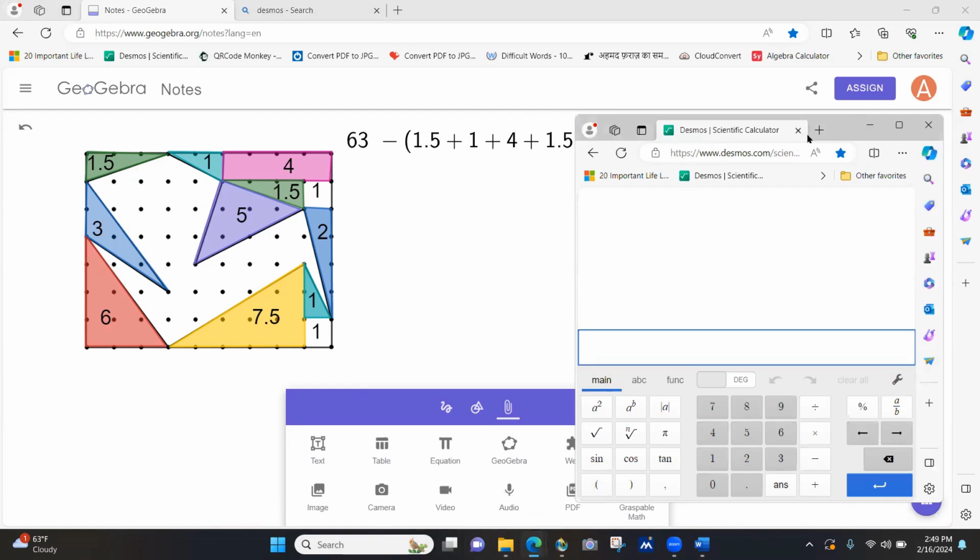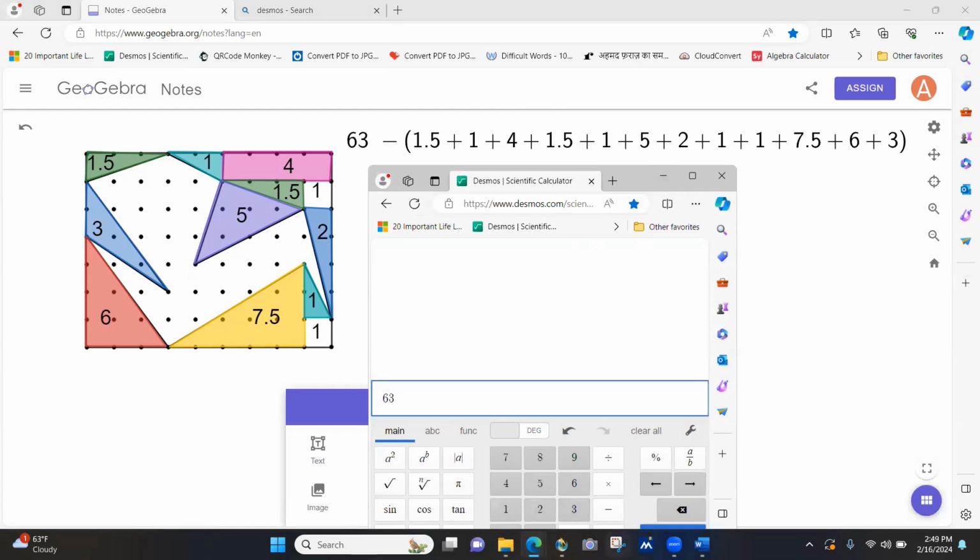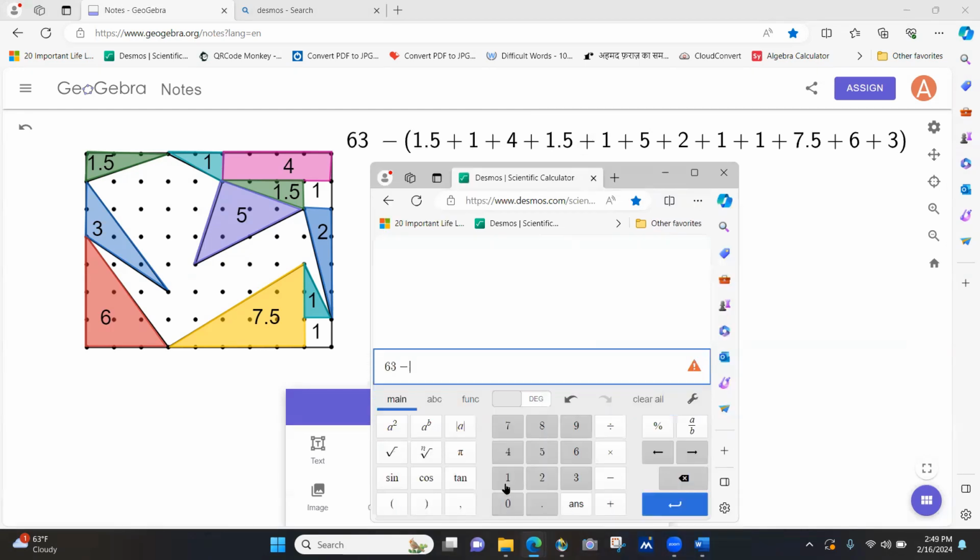So 63 minus 1.5 minus 1 minus 4 minus 1.5 minus 5 minus 1 minus 2 minus 1 minus 1 minus 7.5 minus 6 minus 3.